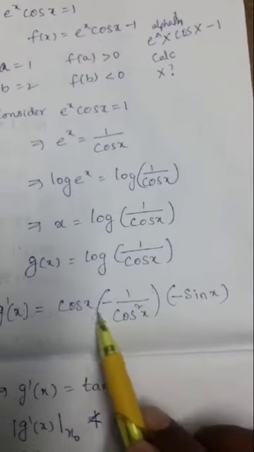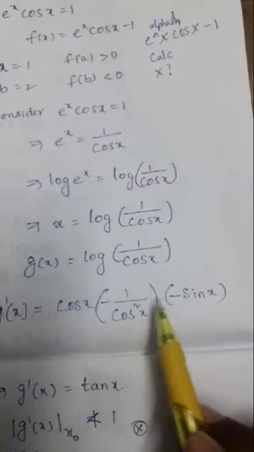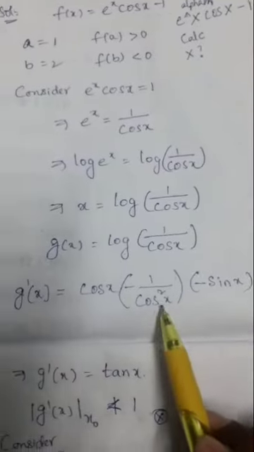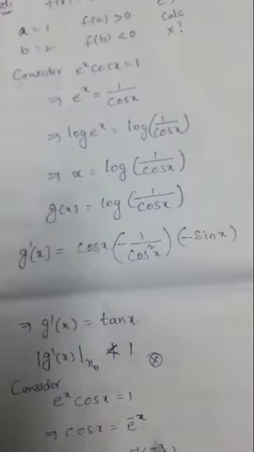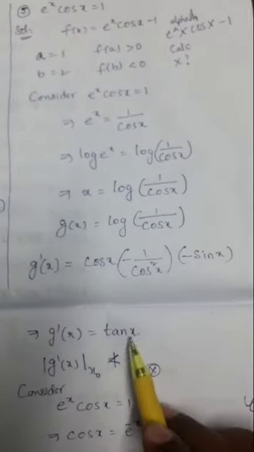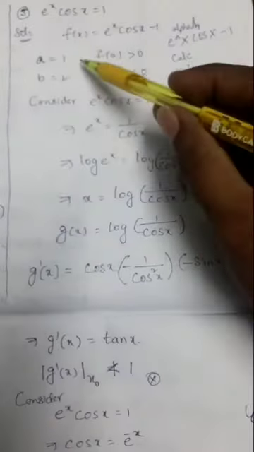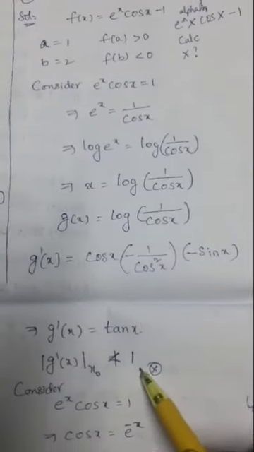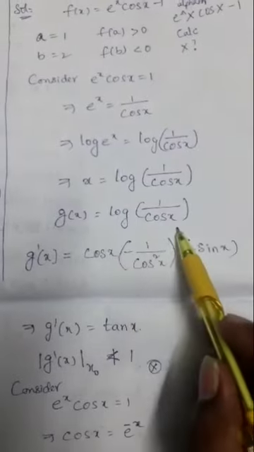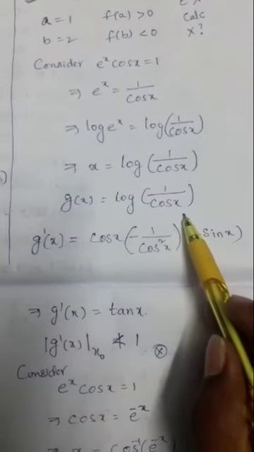So cos x will be cancelled, and minus of minus plus, sin x by cos x means tan x. So my g'(x) is tan x. But for tan x, for any value in between 1 and 2, it is never less than 1. So this g(x) is not useful to me to continue in the iteration method.